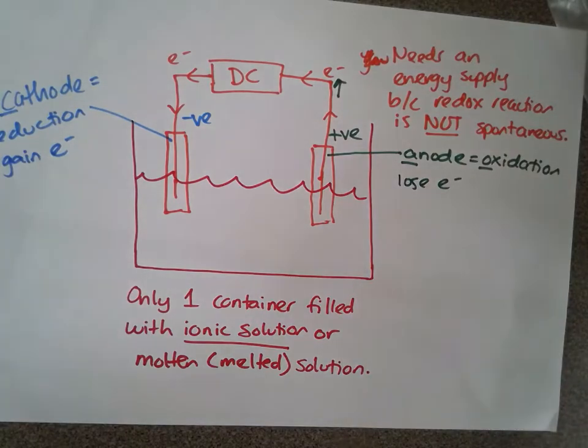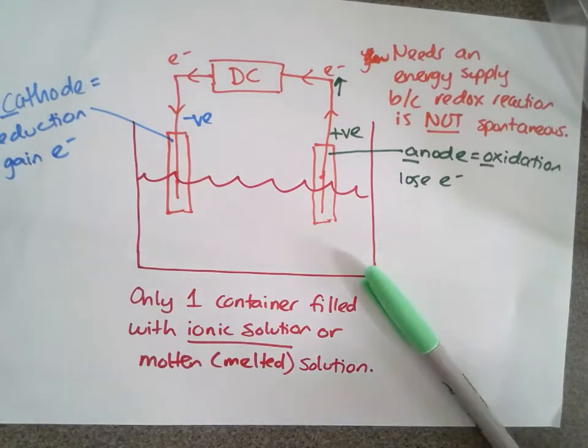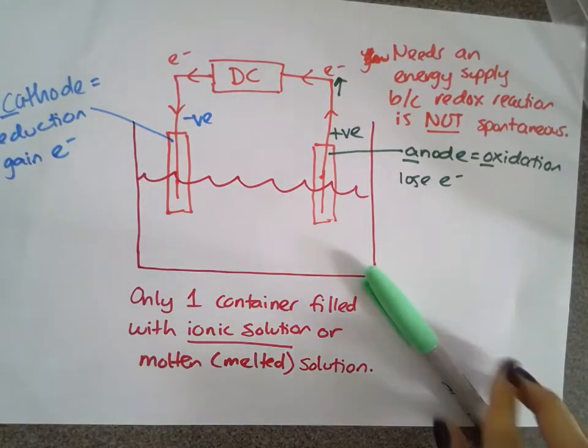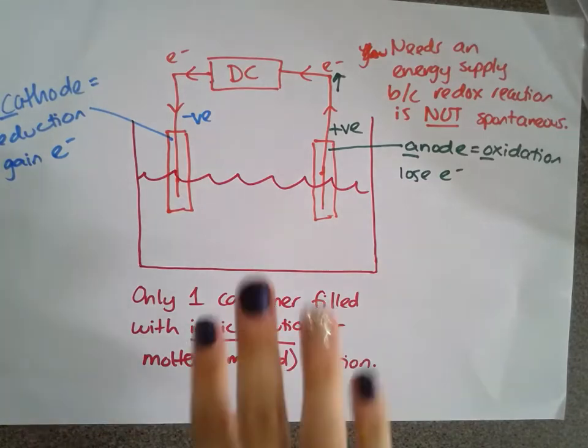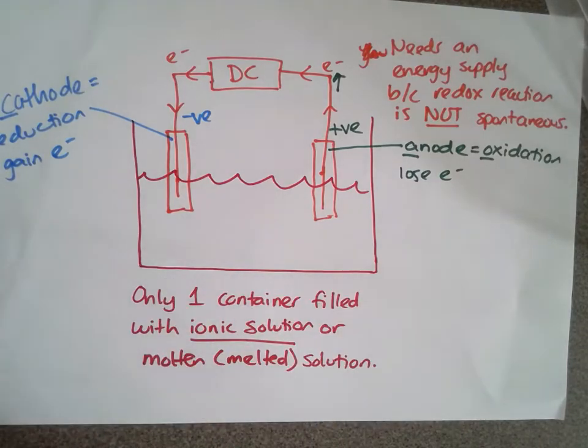Last sort of thing that I need to worry about then are my ions. And I'll do this in matching colors. All right, so when I have an ionic solution, either molten or dissolved, I then free my positive and negative ions so they're mobile. If I had an ionic solid in a container, it's not going to work.